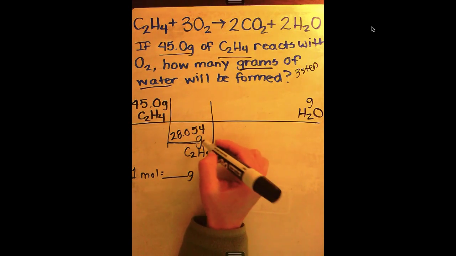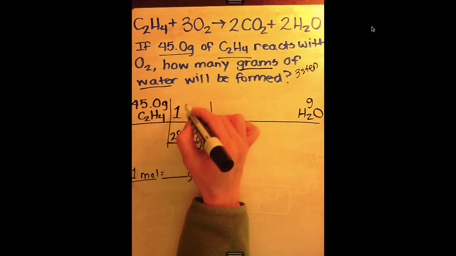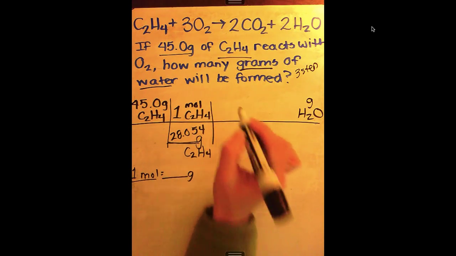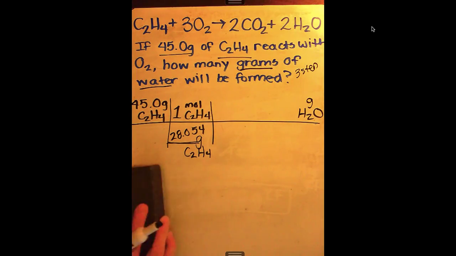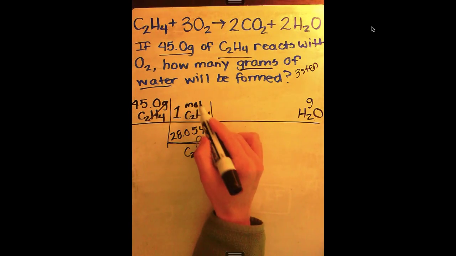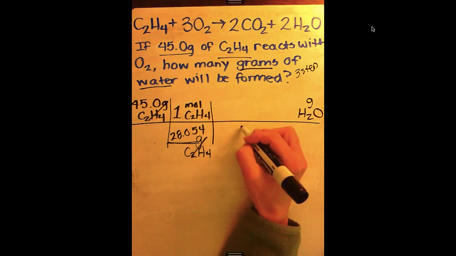And again, think about, what does molar mass mean? It represents 1 mole. And you're going to watch me write 1 mole of C2H4. Why is it important that I write that C2H4? Well, let me show you. Because now grams of C2H4 is gone, and look where you're at. You're at moles of C2H4.